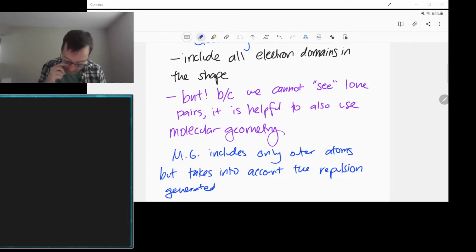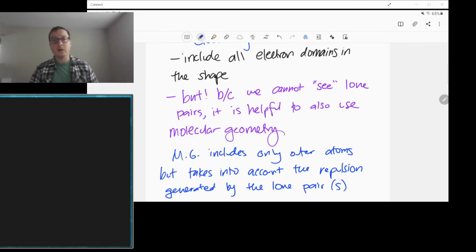And we'll just take a look at that in a second. And it may be easiest for us to take a look at water, for example.